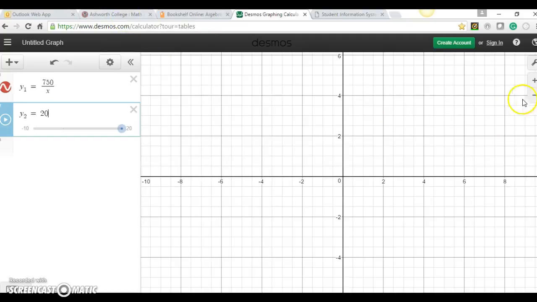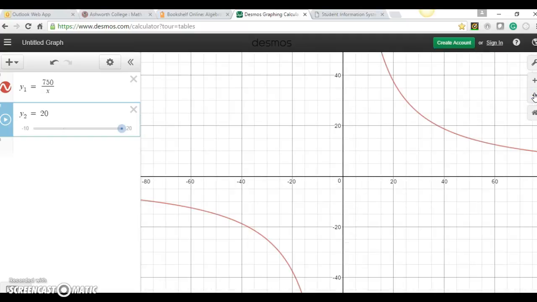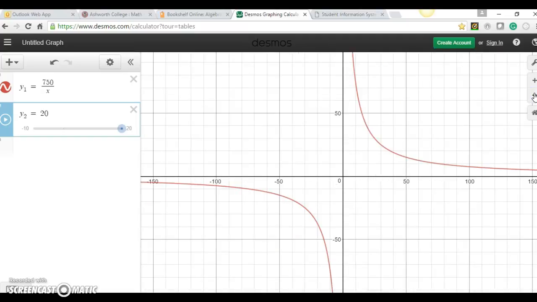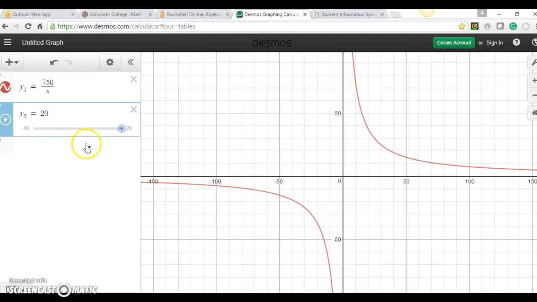And I need to zoom out. Oops. What's going on?